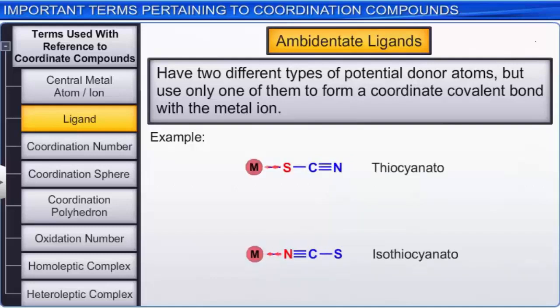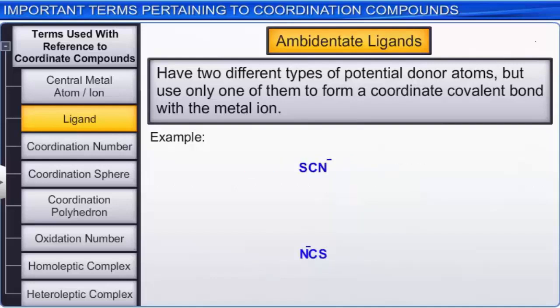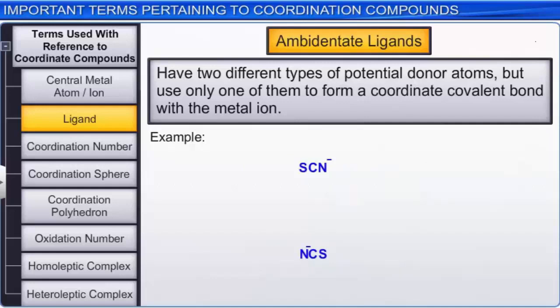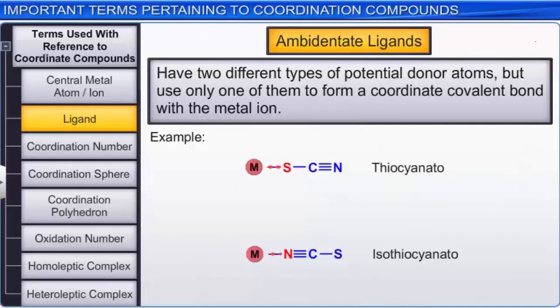In thiocyanato, the sulfur atom donates a pair of electrons to the metal atom. Whereas in isothiocyanato, iso means the positions are swapped: N comes where S was. So nitrogen donates a pair of electrons to the central metal atom. So this is an example of an ambidentate ligand.